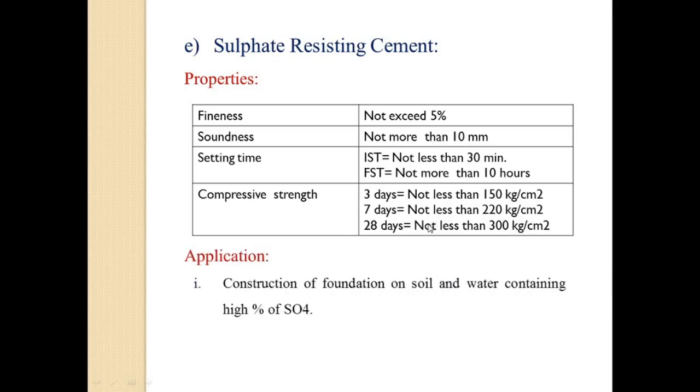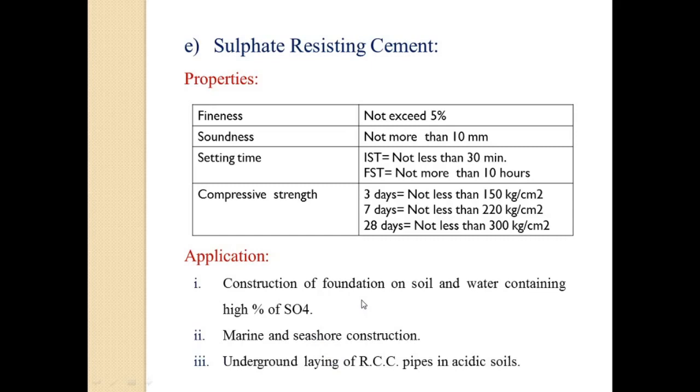So what are the applications of this sulfate resisting cement? It is generally used in construction of foundations in soil and water containing a high percentage of SO4, that is sulfur. Then marine and seashore construction and underground laying of RCC pipes in acidic soils. It is also used for canal lining in severe alkali conditions, especially in the western regions.